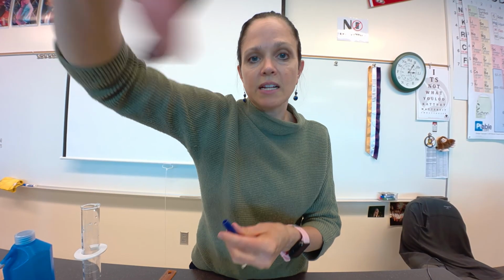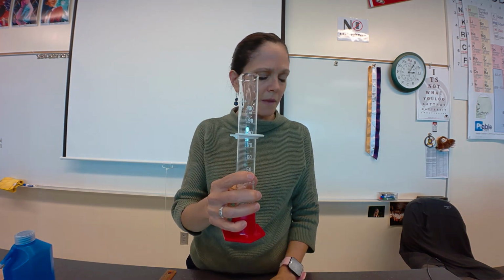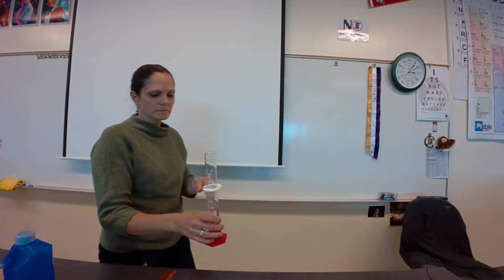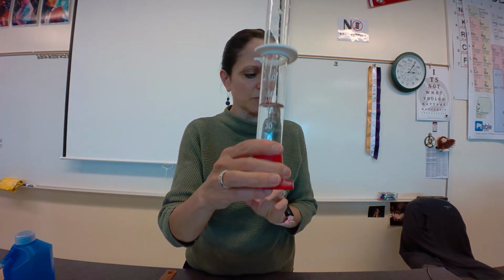And next, we've got to get some water in the graduated cylinder, and we're going to use the larger one here. So I'm going to just fill it up with a little bit of water. It doesn't have to be anything specific. Okay, so I just filled it up with a little bit of water.